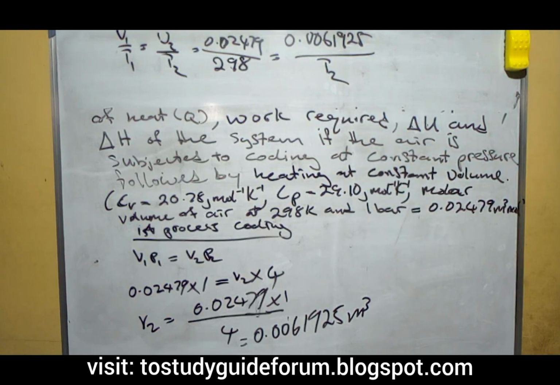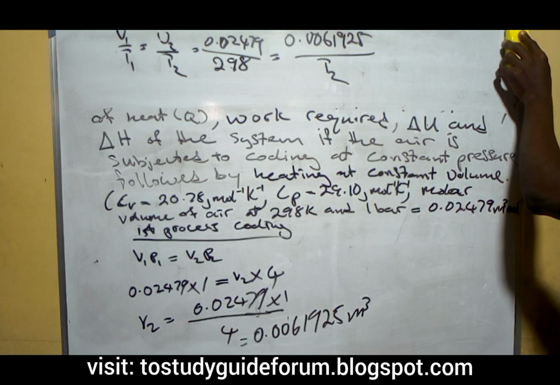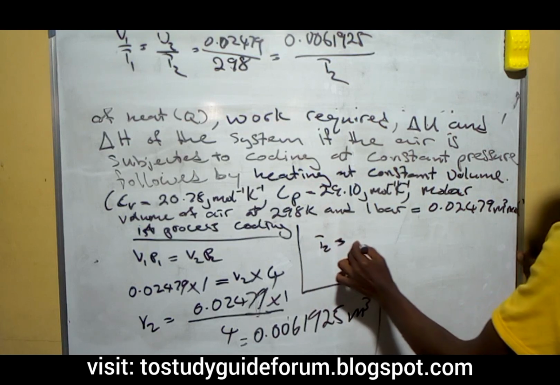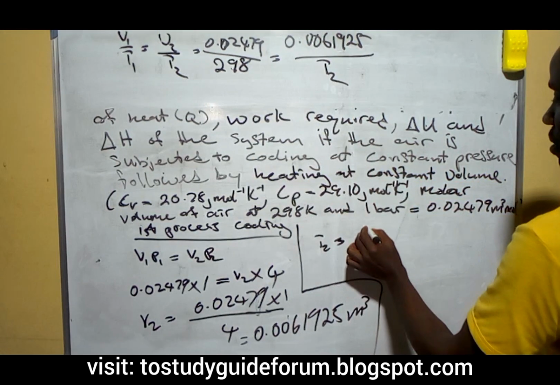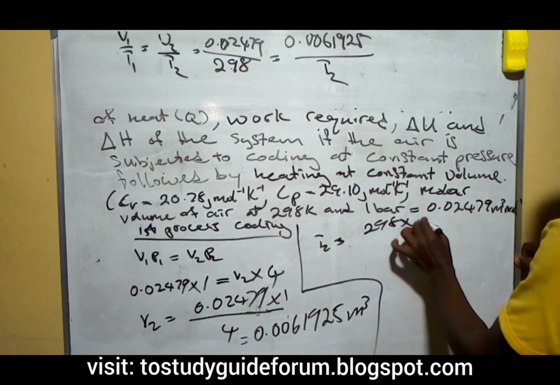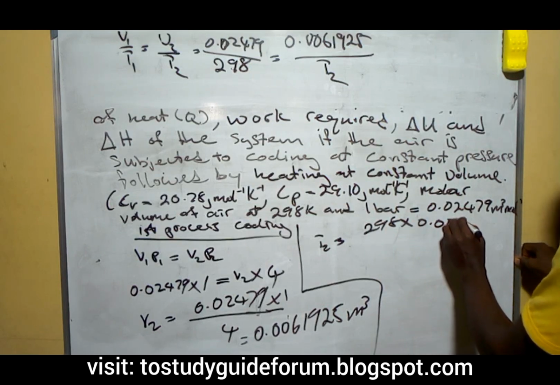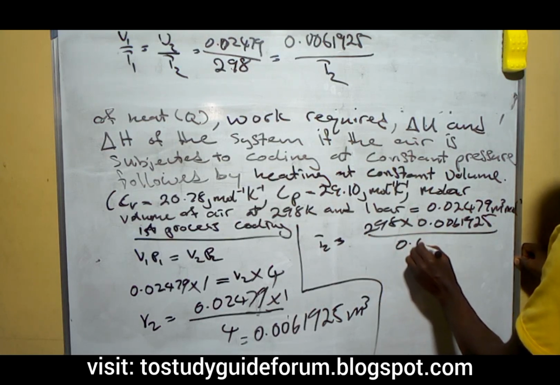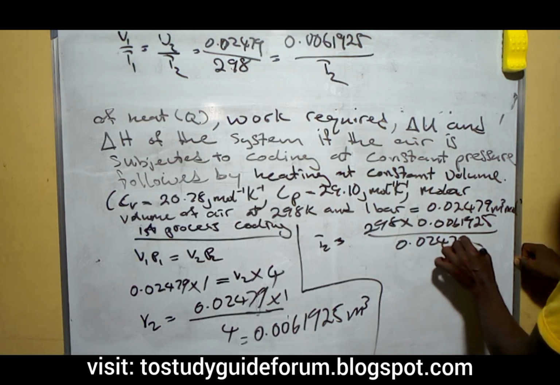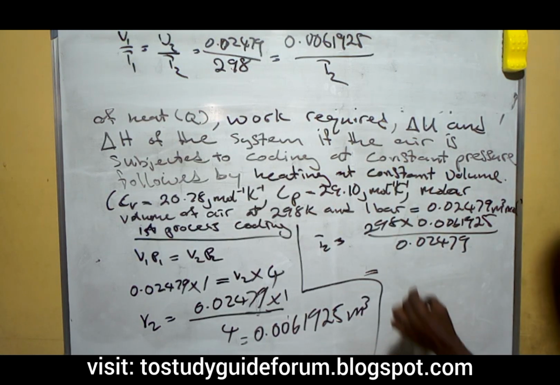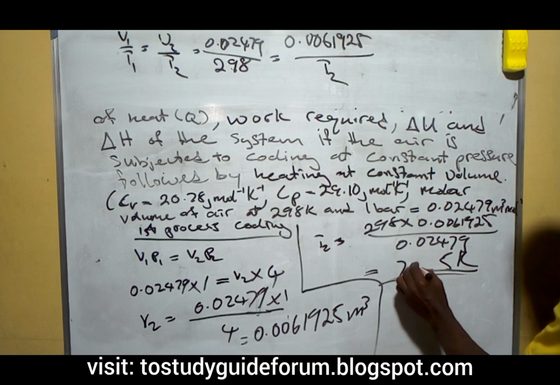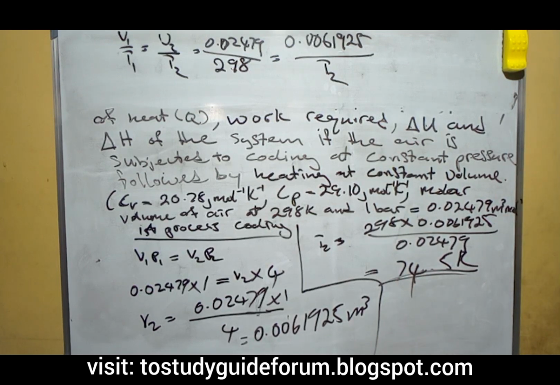So now making T2 the subject of the formula, we'll find out that T2 is equal to 298 times 0.0061975 all over 0.02479. That will give us 74.5 Kelvin. This is the final temperature of the cooling within that confinement.